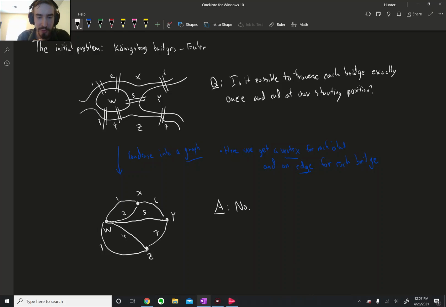And it turns out the answer is no. Because if you think about what happens here, if I pick some point in my graph, let's say I want to start over here at W, then every time that I go to and leave some vertex, I use up 2 of its edges.